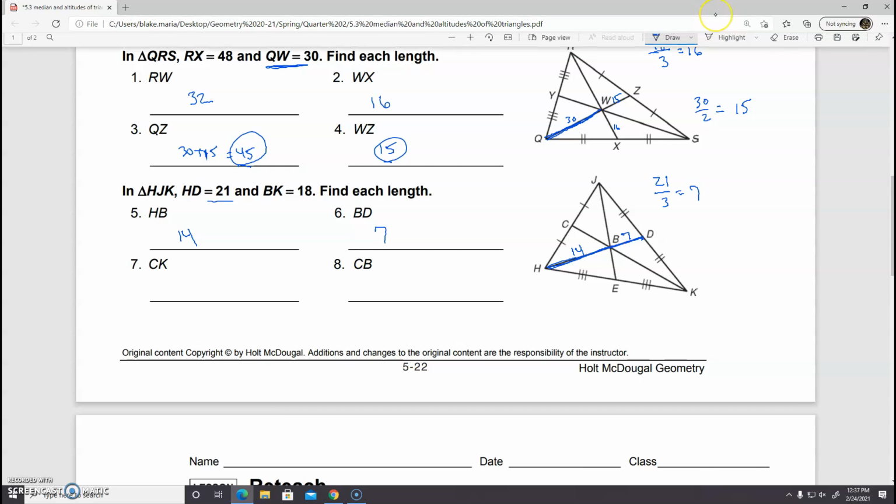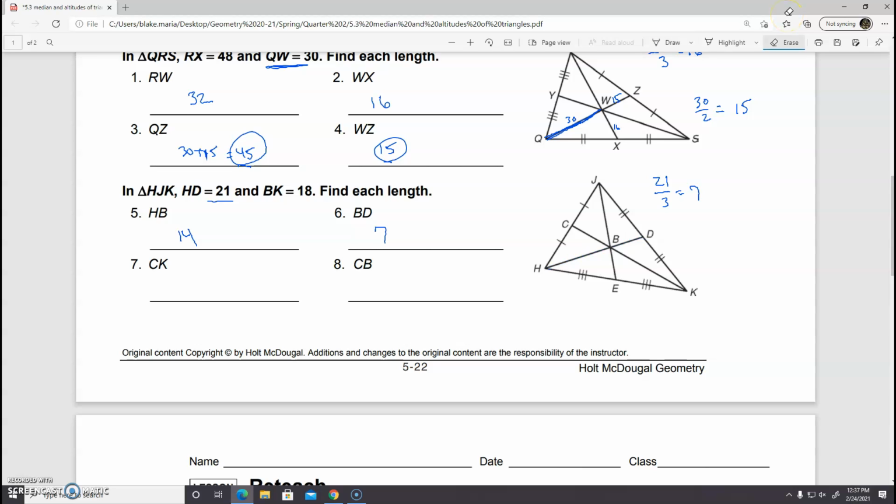All right, moving on to the next one. It says BK, B to K is 18. Again, they gave us that 2/3 chunk. If you just want 1/3, just cut it in half. Half of that, 1/3 would be just 9.